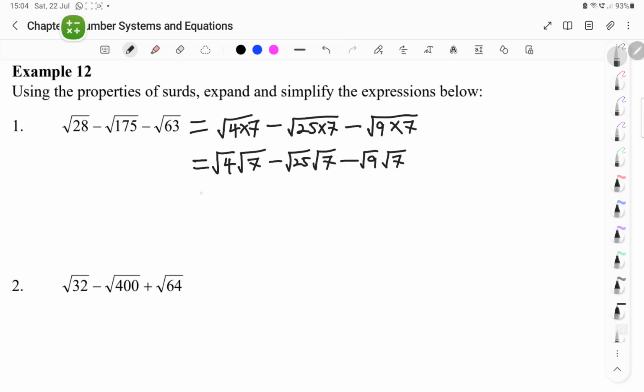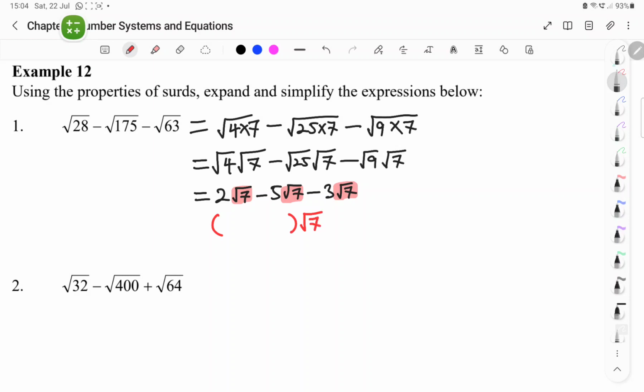For example, square root of 4, if you use your calculator, you will get 2. Square root of 4 is 2, and then square root of 25 is 5, and then square root of 9 is 3. Now we can see each term has square root of 7, so we can put them outside.